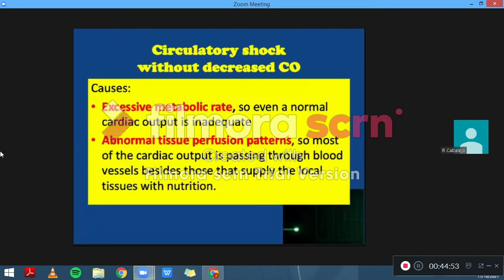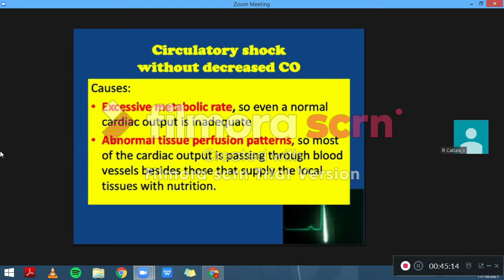So what are the types of shock without decrease in cardiac output? You may have shock secondary to an excessive metabolic rate, like in your hyperthyroid storm patients. They may have episodes of severe hypotension.